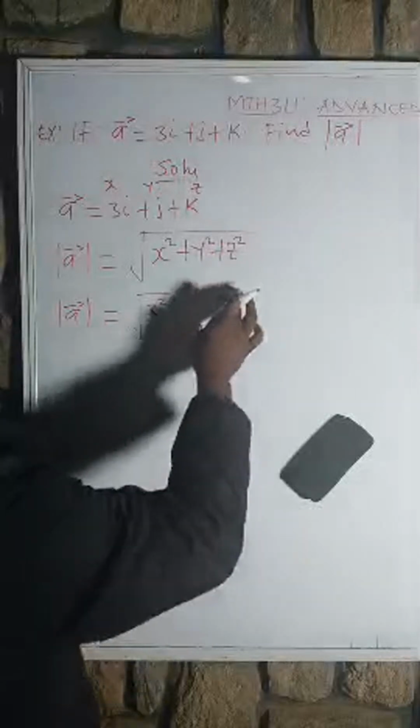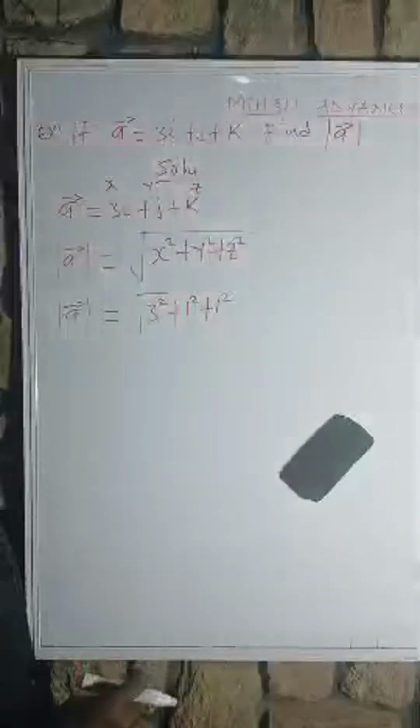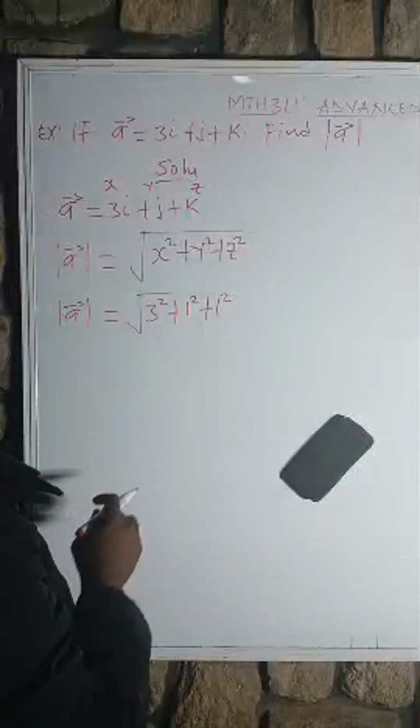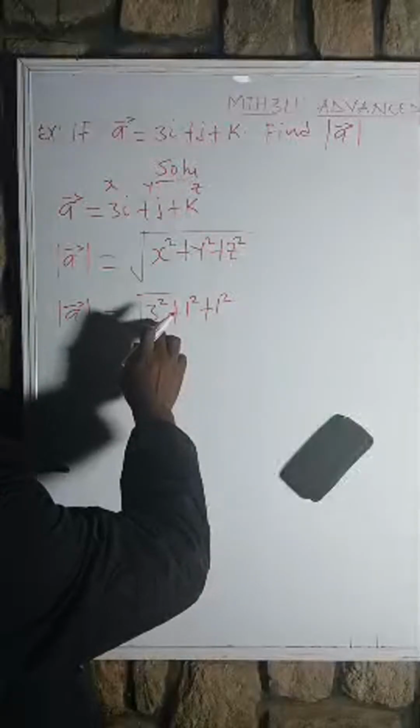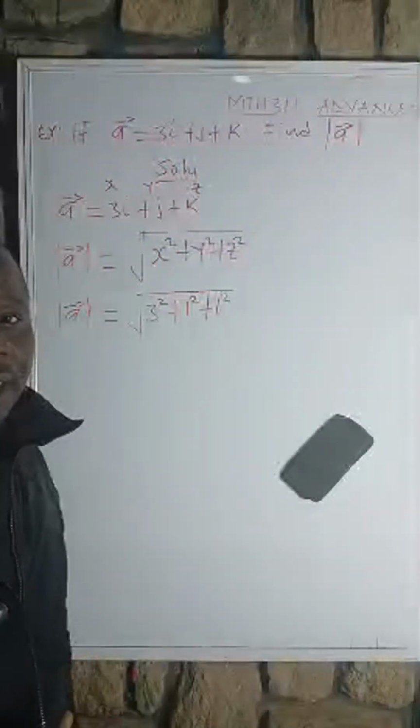Please don't ever write the square root in this form. Some of you are fond of writing it in this form. It means this square root affects only this 3 raised to power 2. So you write it in full. Is that clear? Take note.